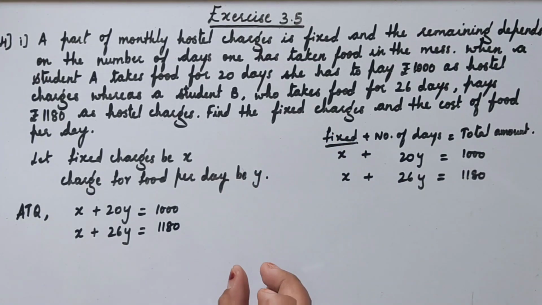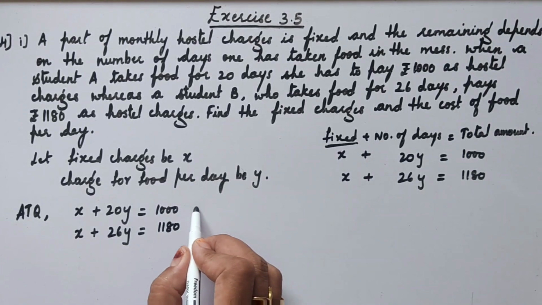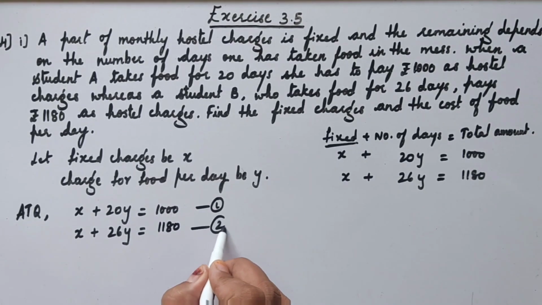Now we need to find the fixed charges and the cost of food. So let this be equation 1 and this equation 2.